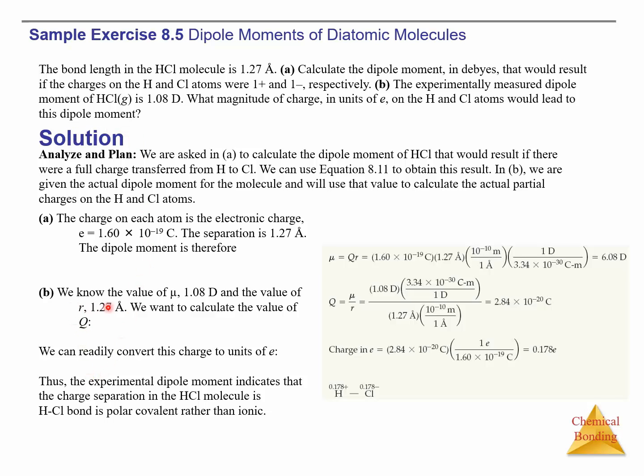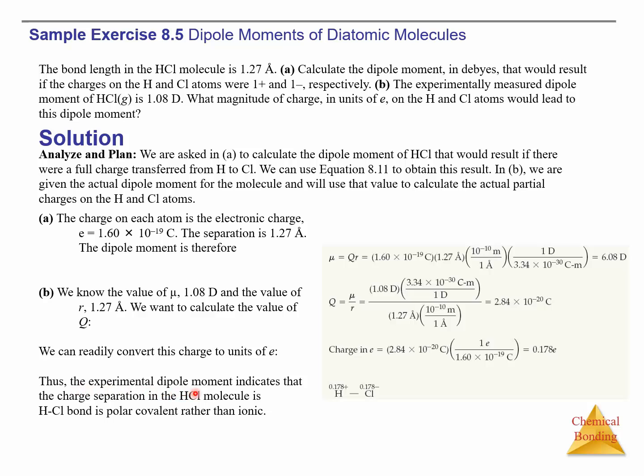So, we know the value of mu and the value of R. Again, we want to calculate the value of Q. So Q equals mu divided by R, and this is Q. Now we can readily convert this charge to units of electron, and it equals this value.